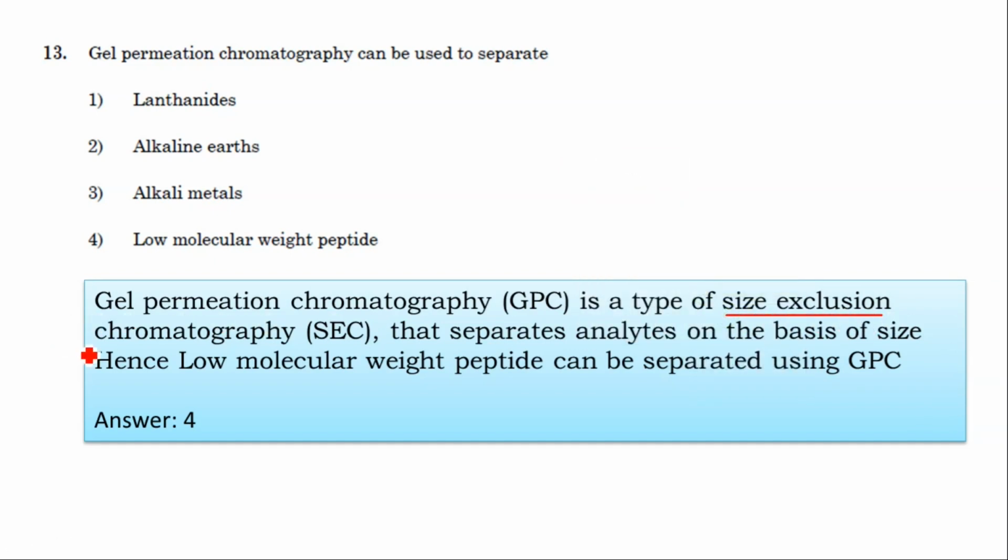The separation is based mainly on size exclusion, so it separates analytes on the basis of size. So low molecular weight peptides can be separated using GPC. So the correct option is the fourth one. Next question.